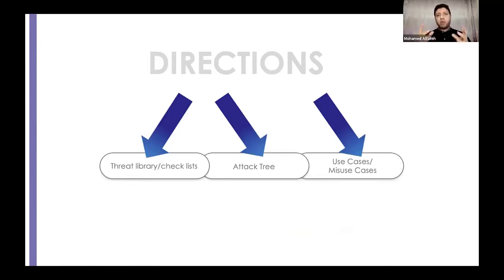Then for each attack tree, try to use threat libraries, vulnerability libraries, even mitigation or control libraries that provide controls against some threats, so you can check those threats. So use threat libraries or vulnerability libraries after you identify the attack tree against your application.